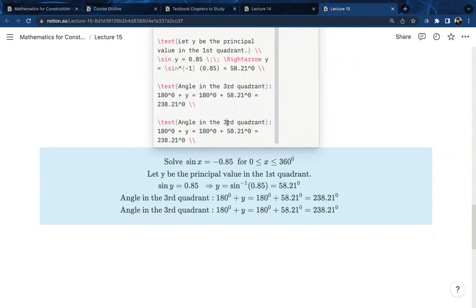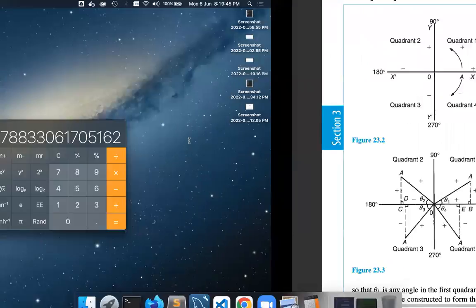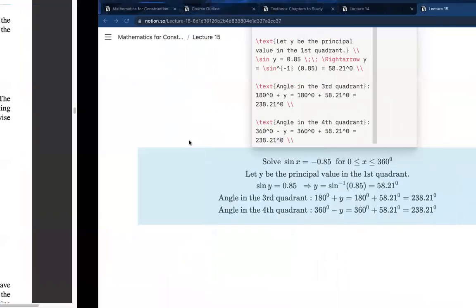So in the fourth quadrant, it's 360 minus y. That is 301.79.